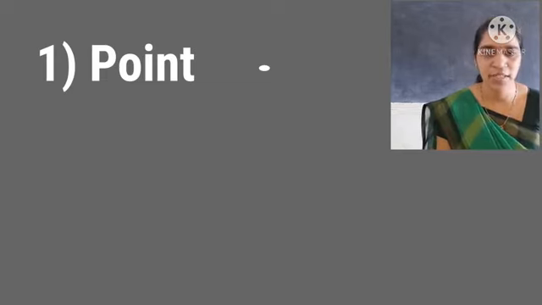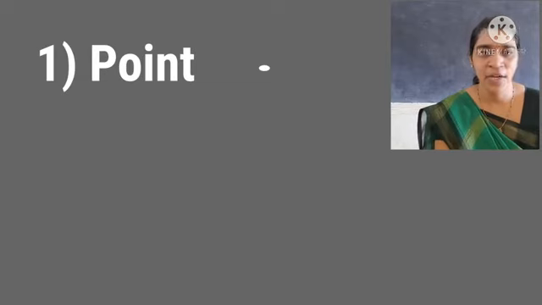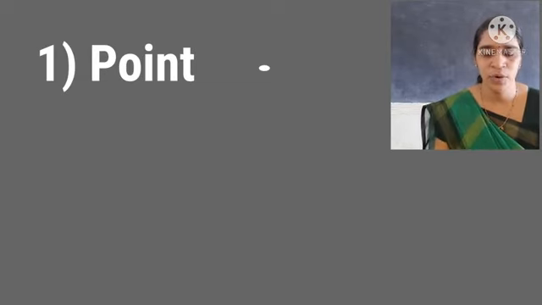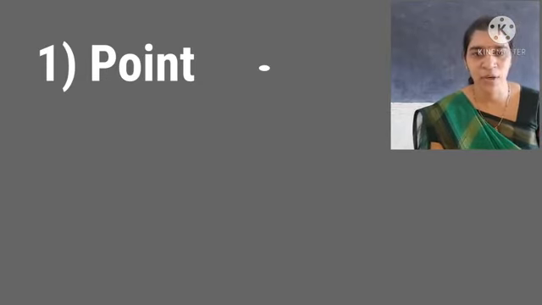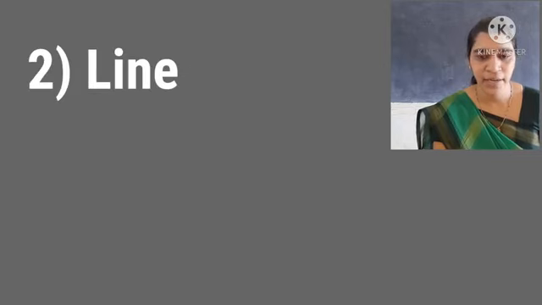So what is the point? You know, you denote point by a dot. If you draw with the help of pencil on paper any dot, that dot is the point. Then if you join these two dots, then we get the line. Okay, you know the line.